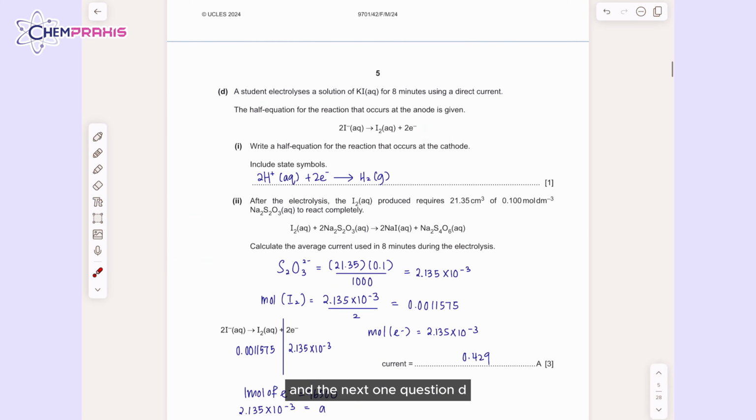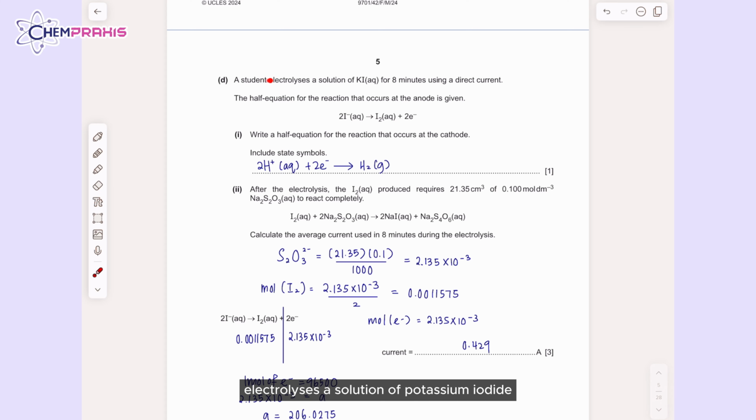And the next one, question D. A student electrolyzes a solution of potassium iodide for 8 minutes using a direct current. The half equation for the reaction that occurs at the anode is given. Write a half equation for the reaction that occurs at the cathode. Include the state symbol. A lot of students will make mistakes. They will write the ionic equation for potassium, but this is an aqueous solution.